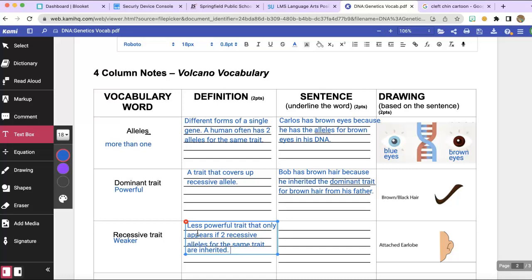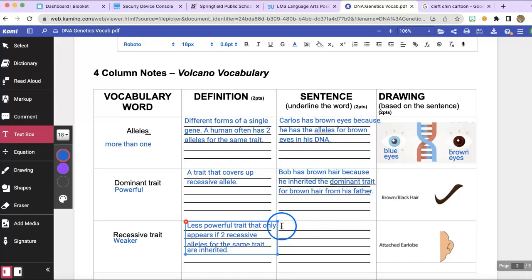Okay, less powerful trait that only appears if two recessive alleles for the same trait are inherited. Less powerful and weaker kind of goes together. And these words, dominant trait, which we just talked about up here, and recessive trait, are pretty hard things to understand right now. As we move through this, next week we'll do a little work with our favorite cartoon character, SpongeBob, in which we create some different traits for him.